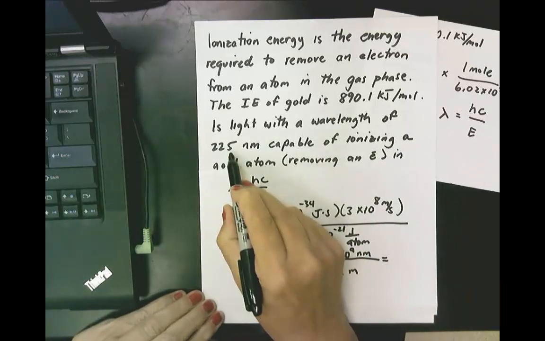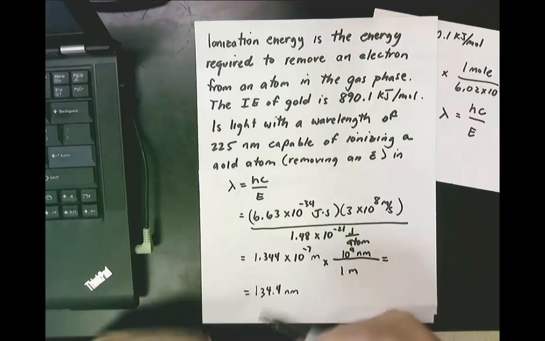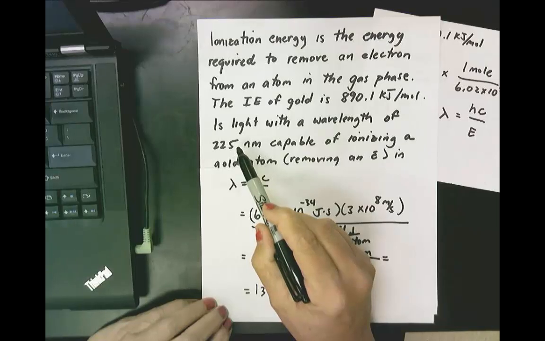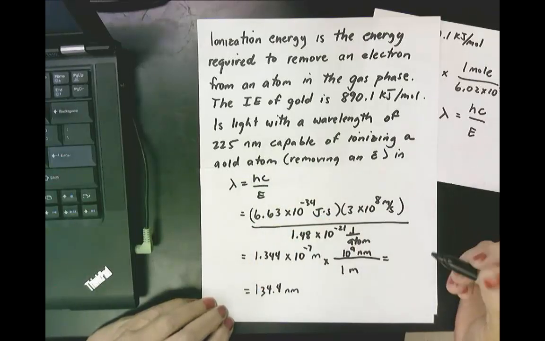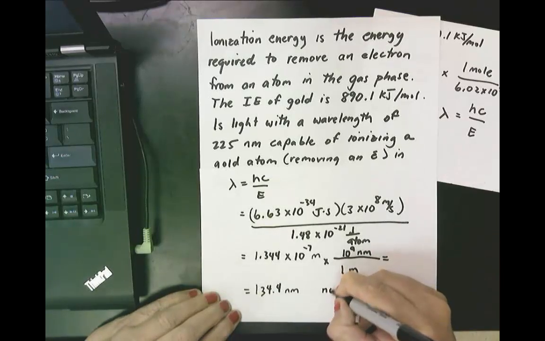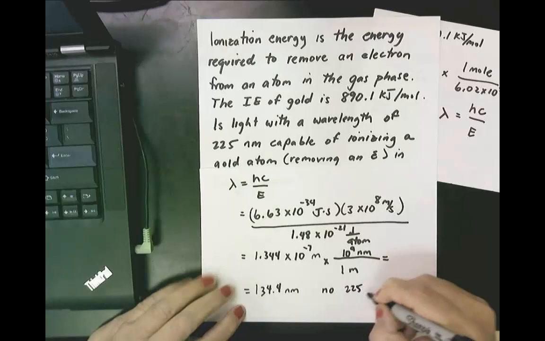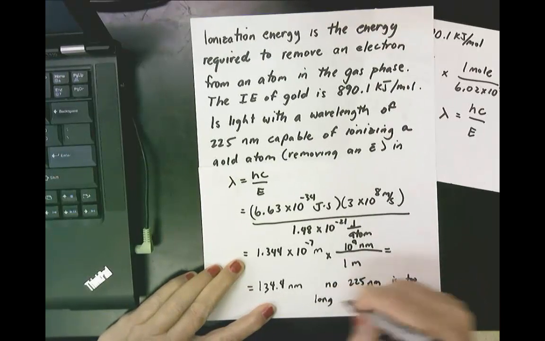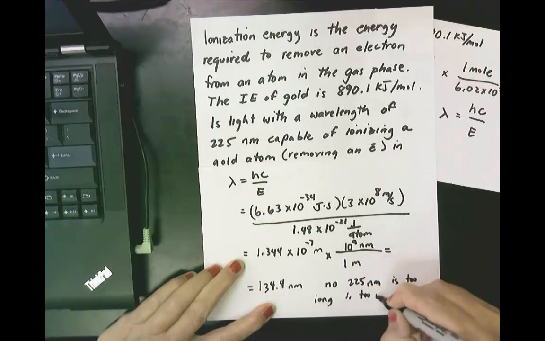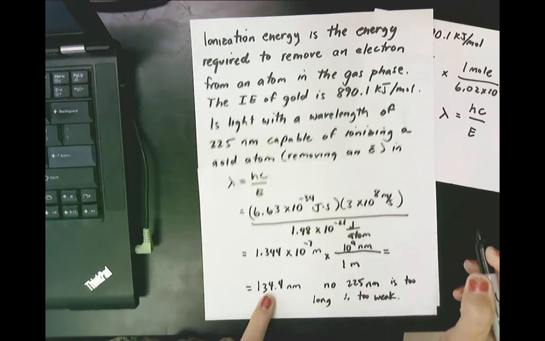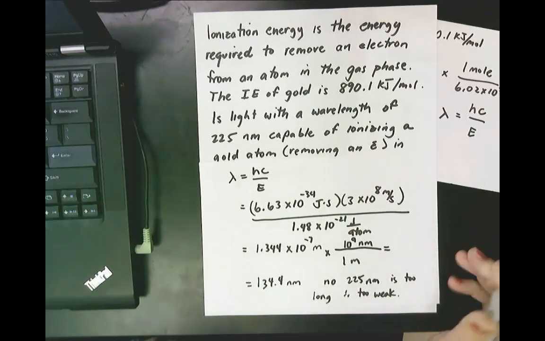This is a longer wavelength than this, which means it has less energy in it, and so this wavelength would not be capable of ionizing an electron from an atom of gold. So no, 225 nanometers is too long, therefore too weak. It has to be something shorter than this to ionize the electron, or at least be that.